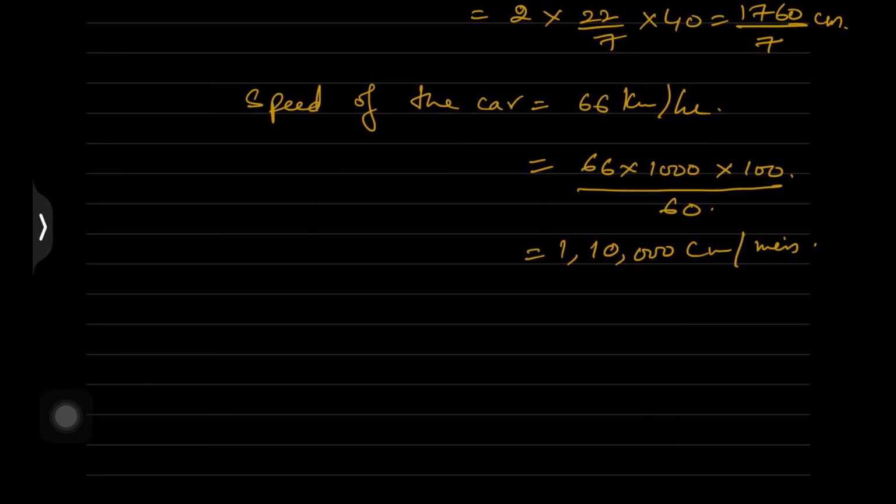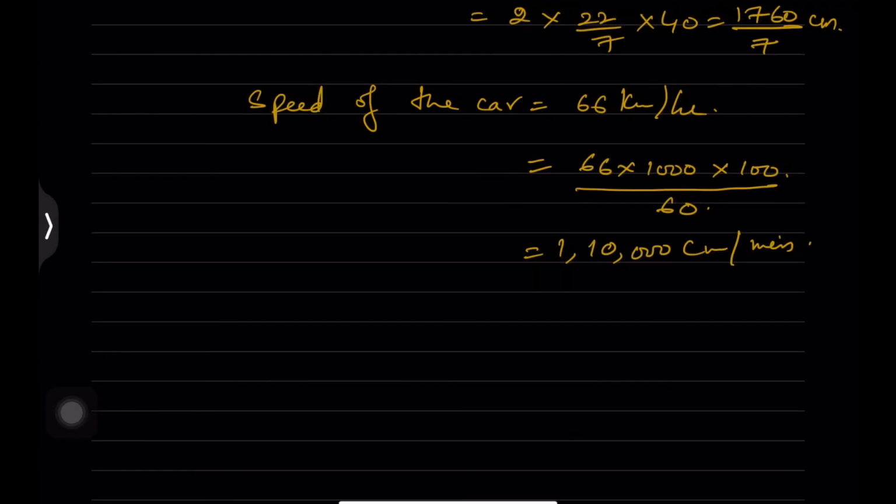To convert it into centimeters, we do it this way: 1 kilometer is 1000 meters, 1 meter is 100 centimeters, so 1000 into 100, and 1 hour is equal to 60 minutes, so we divide by 60, which gives the speed in centimeters per minute.